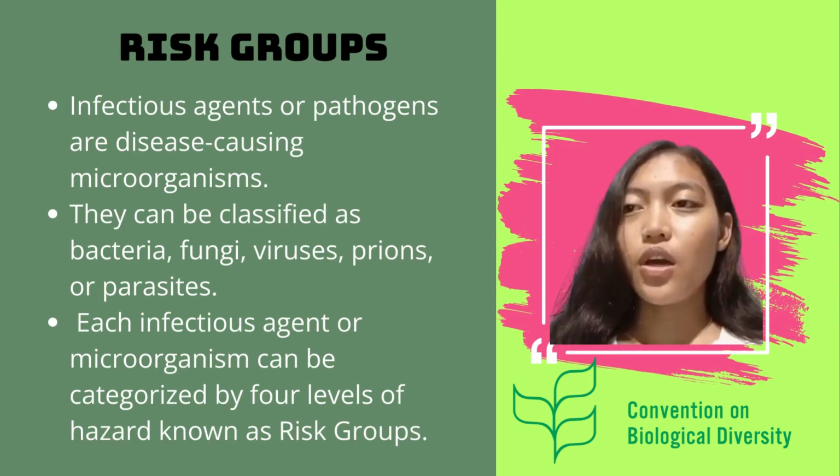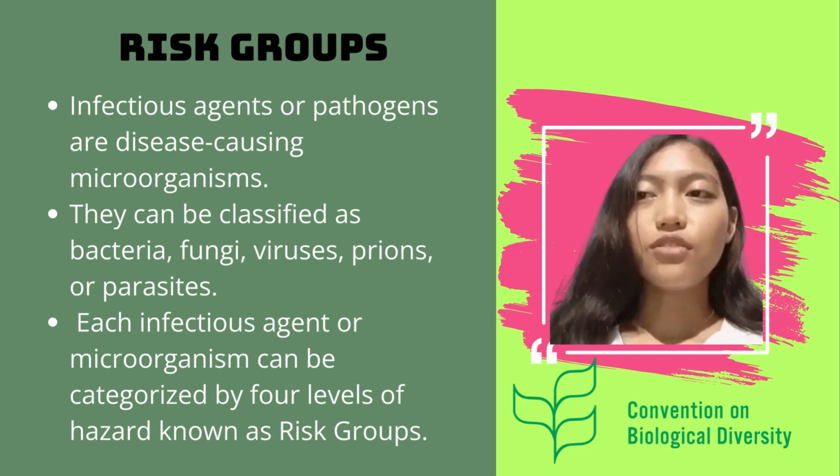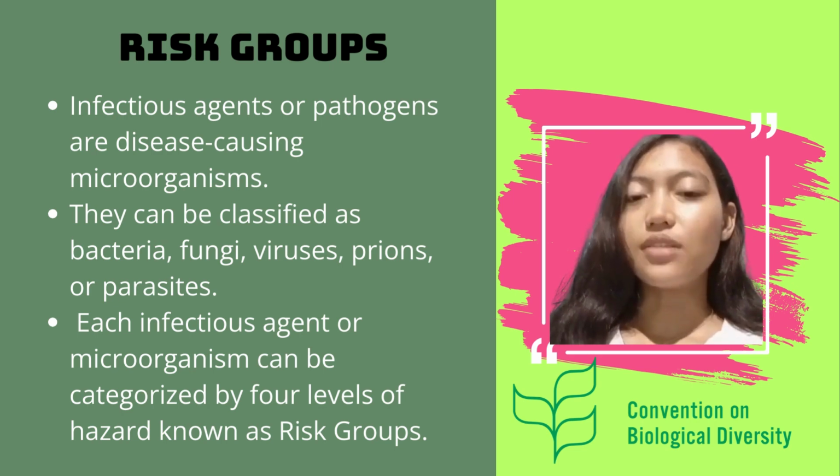Risk groups. Infectious agents or pathogens are disease-causing microorganisms. There are hundreds of microorganisms that cause disease in humans and animals. They can be classified as bacteria, fungi, viruses, prions, or parasites.